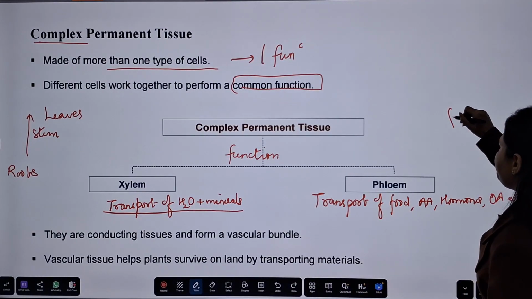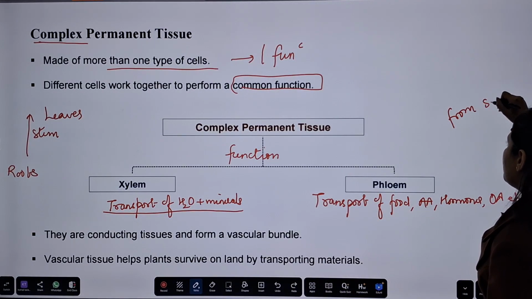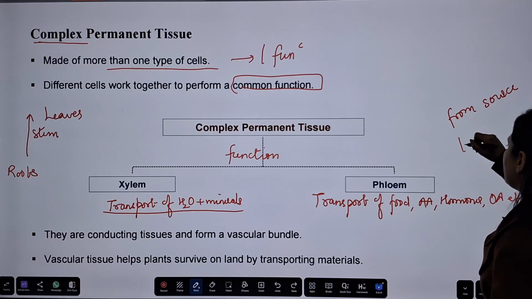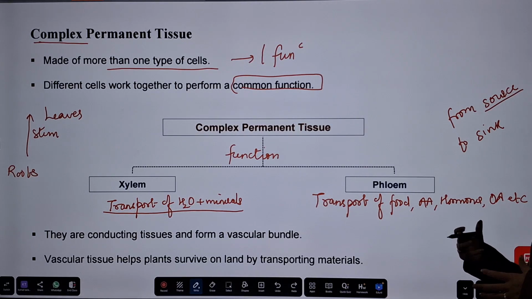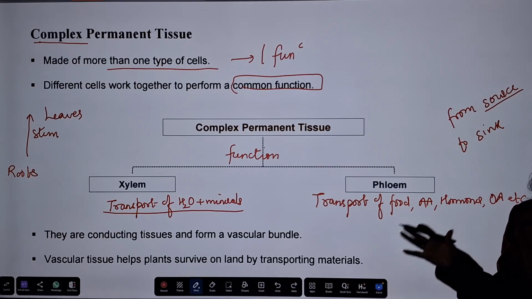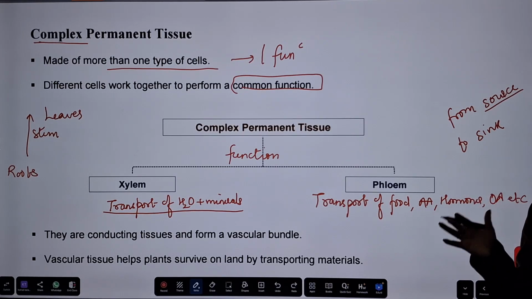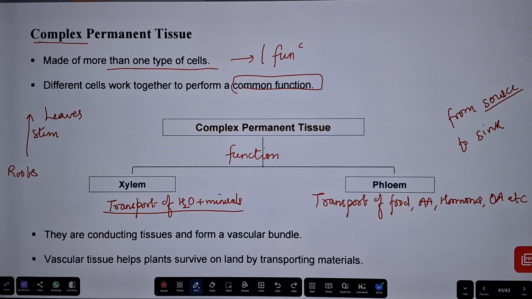From source to sink. Let's understand source and sink here. Source is the part which has abundant food available, like leaves, which are manufacturing and preparing the food. So from leaves, it is generally transported to the parts where food is required.